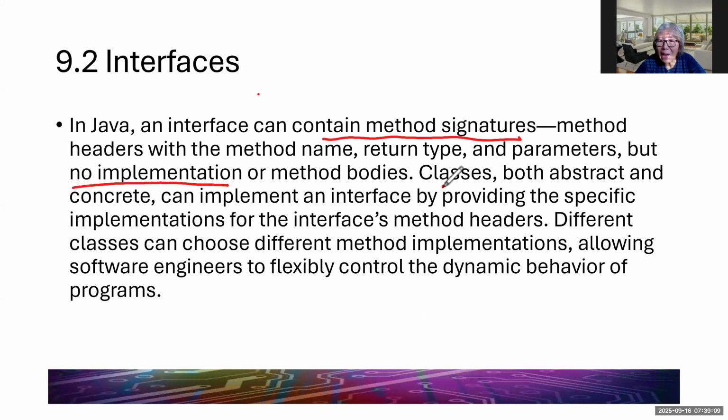And classes, both abstract and concrete classes, we already learned, can implement an interface by providing the implementation of the interface method headers. And for an abstract class, if you want to keep the method abstract, then you don't even need the implementation. But anyway, a class can implement an interface.